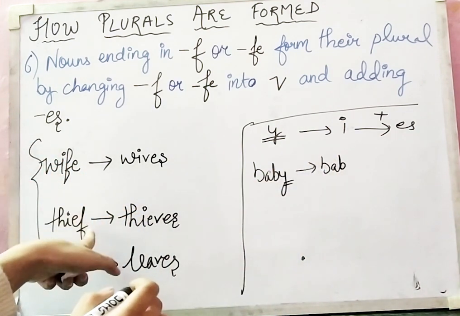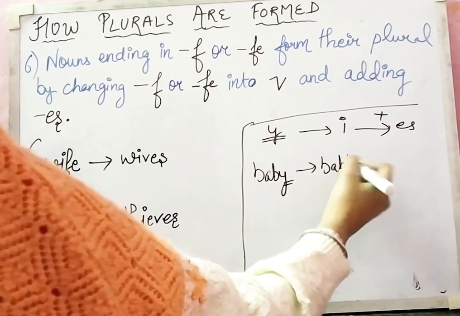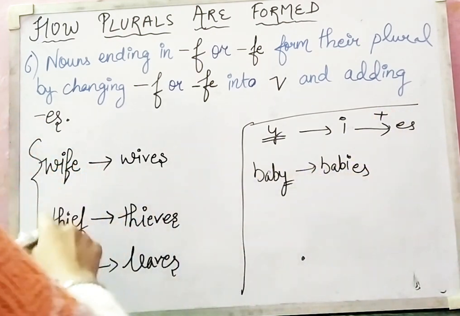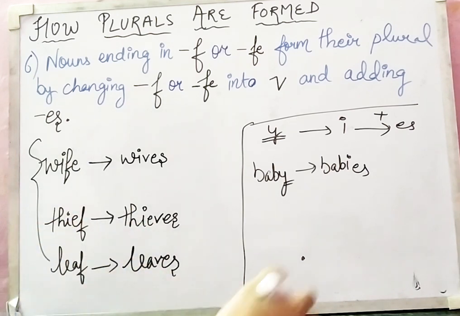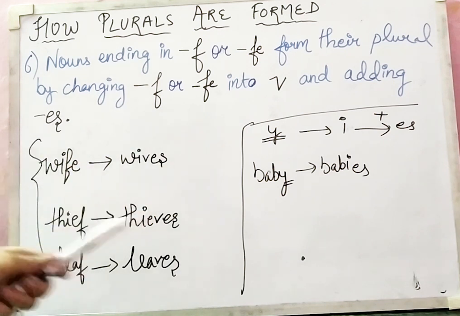In this we have replaced f with v, and here also we have added es. So this is the similar part, but there are facts that we have to learn while doing these types of questions.